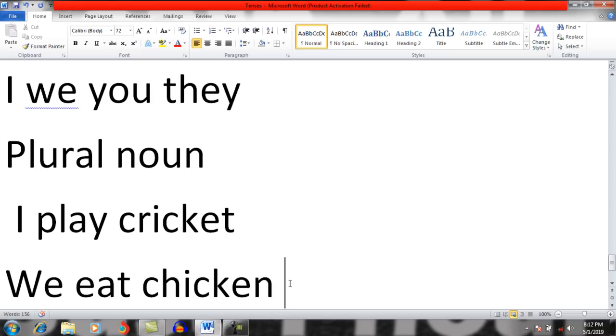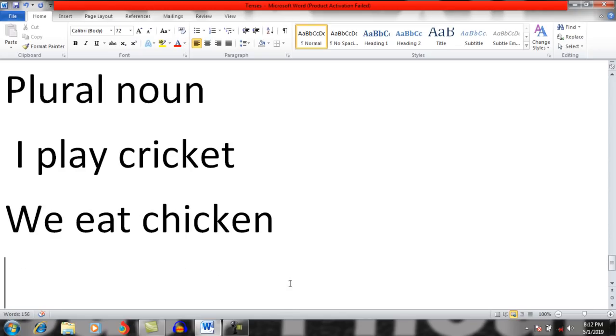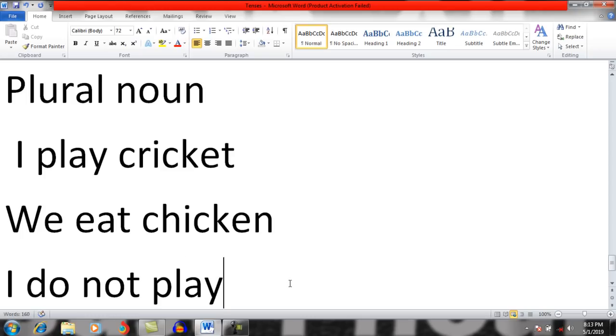So whenever you are talking about a second person or first person pronoun, you will not add s or es with the verb. And in the same case, whenever you are making a negative, you will have to put do not instead of does not. The same formula is there for yes/no questions and WH questions, like this: I do not play cricket.